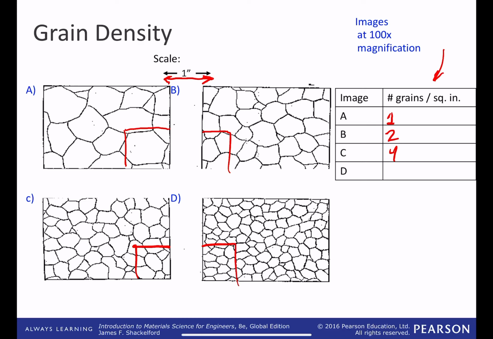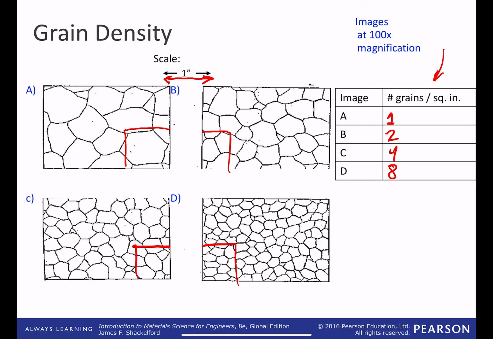And then in image D, with far smaller crystallites present, we're going to see something like 8 grains present in the same unit area. Okay, so this idea of simply counting the number of grains that exist in a unit area is the initial basis for quantifying a grain density value that we'll show you in a moment.